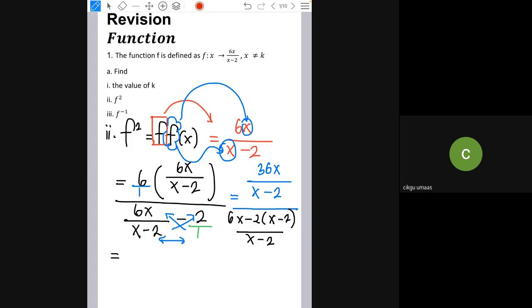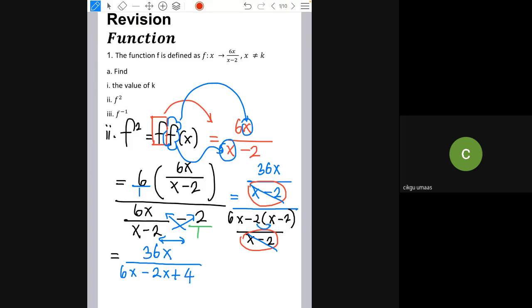And if you notice something very clearly, both of them, the top and the bottom, are sharing the same denominator. So what's the advantage for me? I can actually cancel this off. So the top one stays 36x. The bottom one will be 6x minus 2x plus 4. How did I get this?